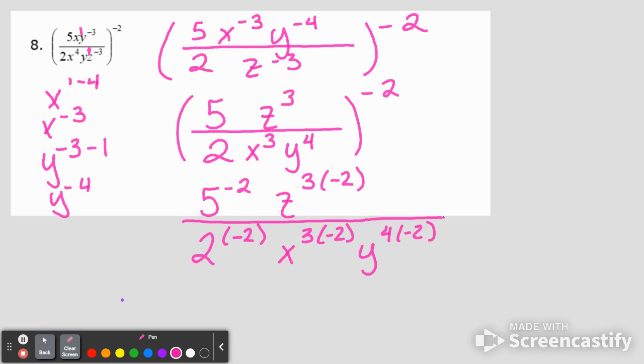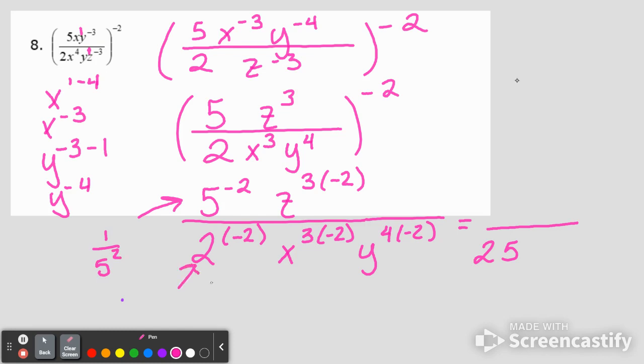So this gets rid of my big parentheses. Now what I need to do is to multiply. So 5 to -2 is the same thing as 1 over 25. So that would actually be, if you're not sure where I'm getting that, 1 over 5 squared. So I'm just going to go ahead and square that out and move it at the same time.